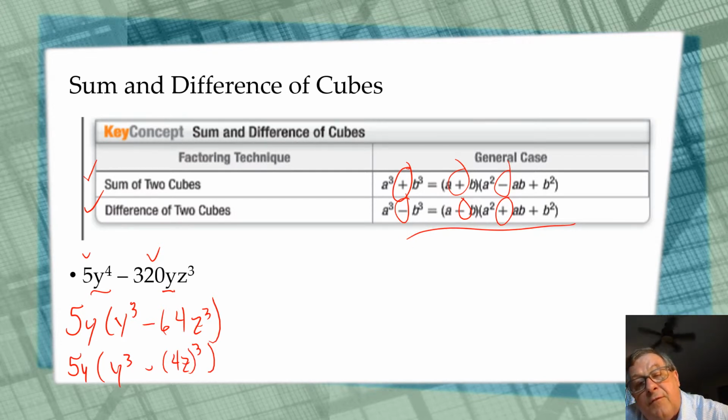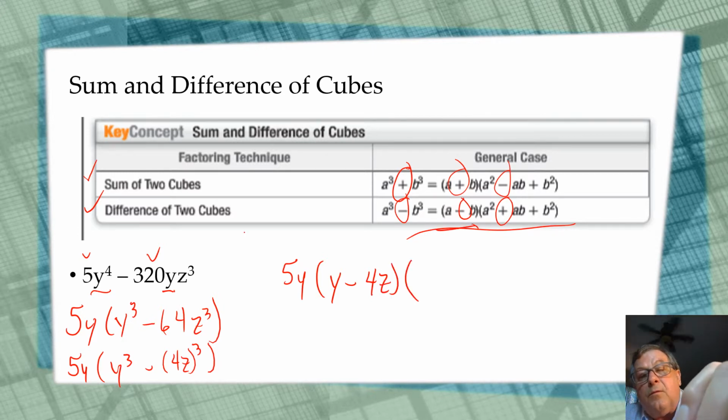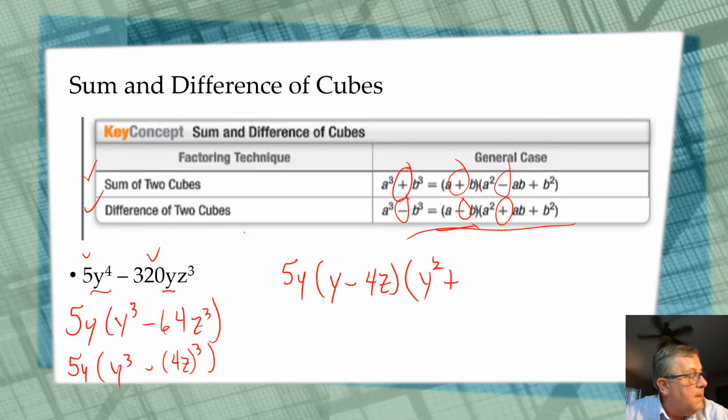So I still have my 5y. Then a minus b translates to y minus 4z. That takes care of this portion. Then I've got the second portion, a squared, which is the same as y squared in this example, plus ab, which would be 4yz. Where am I getting my ab from?